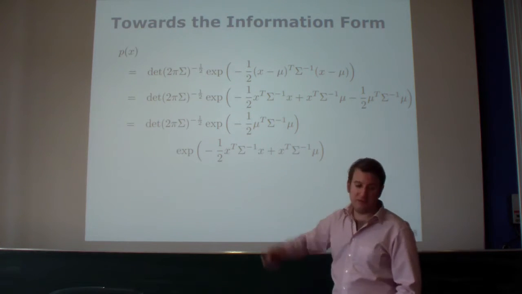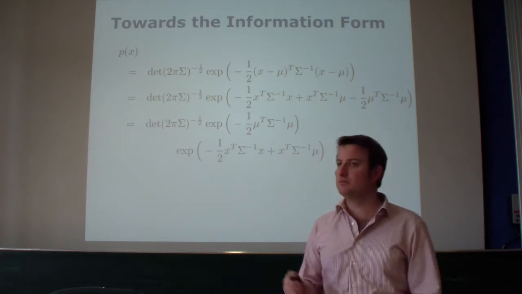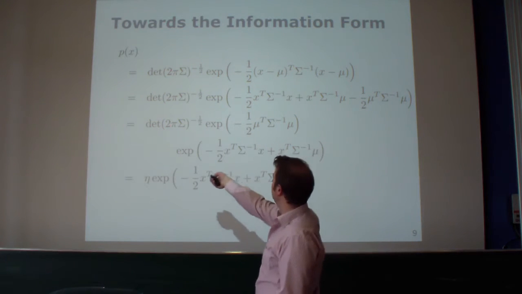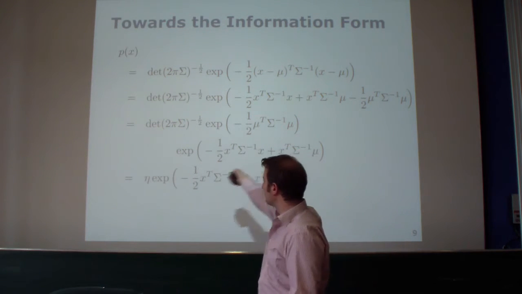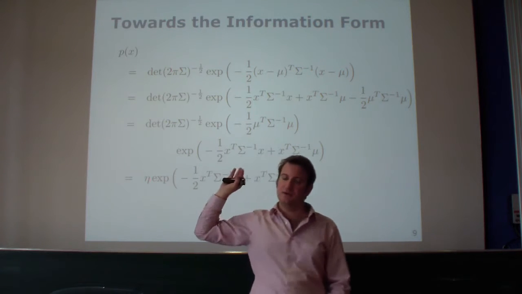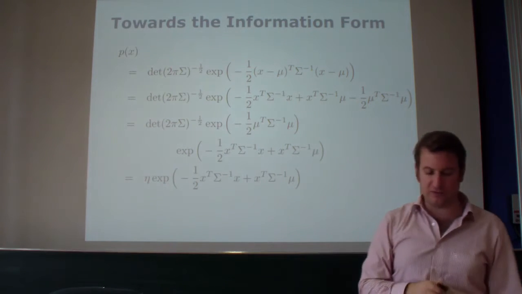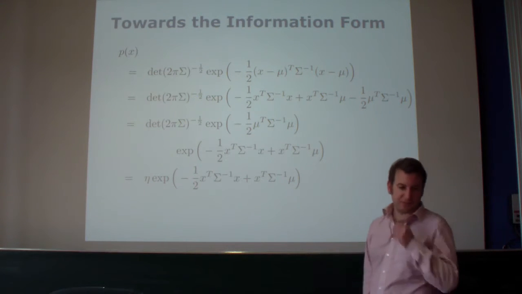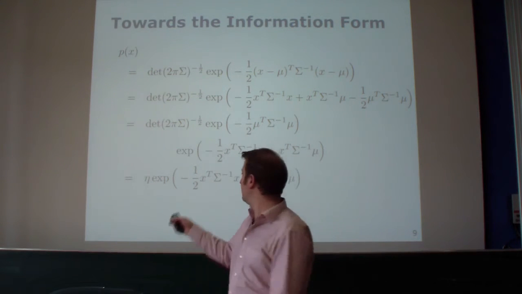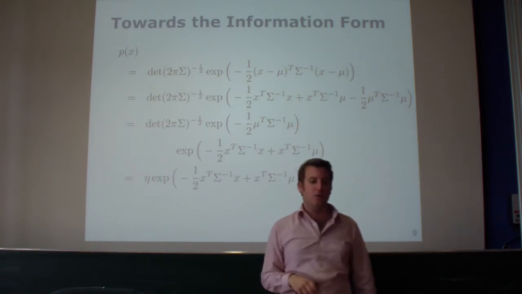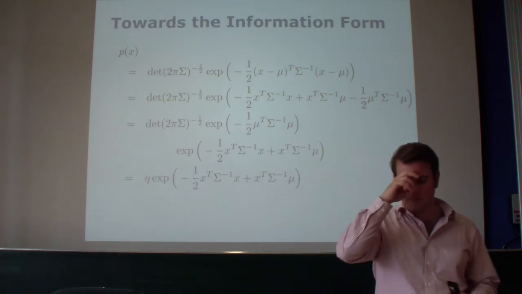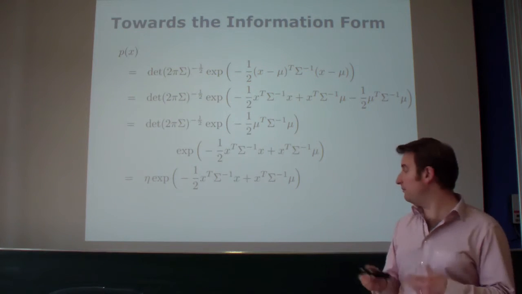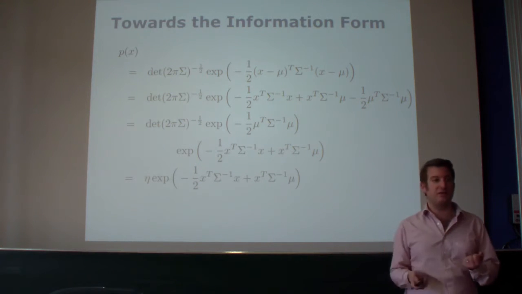So I can move that into a constant. This whole term here is now one constant, expressed by this variable over here, independent of the variable x. And now we can start replacing the individual terms in here with the information matrix and the information vector.